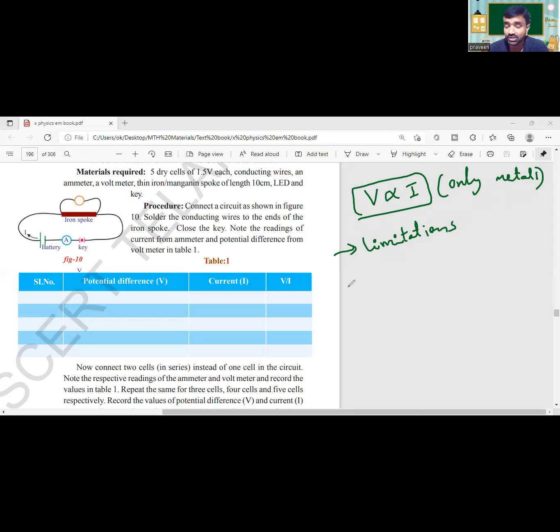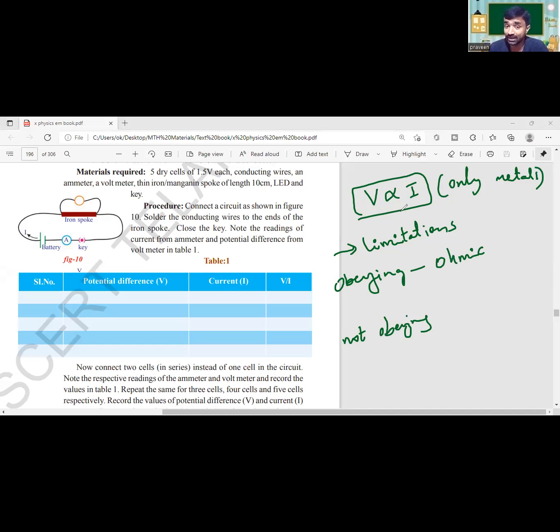Based on this, simply you are able to classify the materials into two categories, obeying and not obeying this law. So obeying materials are called here ohmic conductors, which can obey this law, V is proportional to I, right?